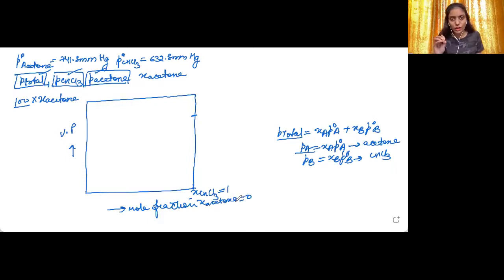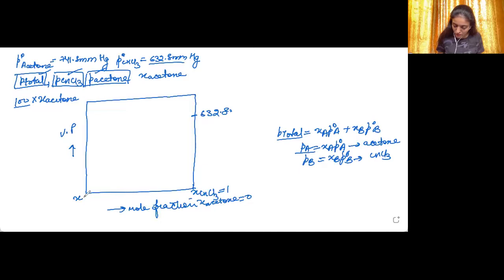This means at this point the total vapor pressure of the solution is equal to the vapor pressure of pure chloroform. For that the value has been given to be 632.8 millimeter of mercury.